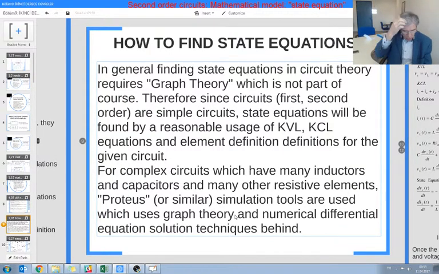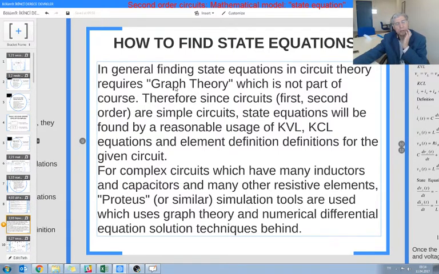The examples that we are dealing with in this circuit theory course are first order and second order circuits. These are simple circuits. But in practice, we might have more complex circuits. We are not examining them here because in order to examine those, we need to use graph theory.